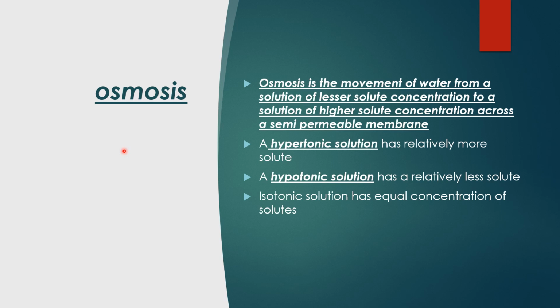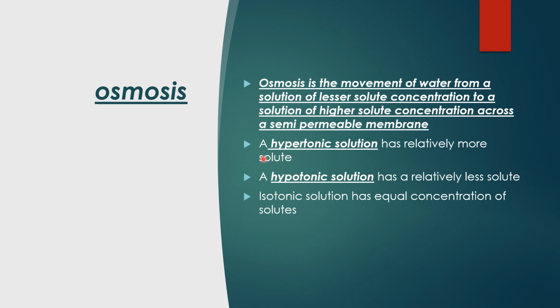The next process by which the molecules can pass through the cell membrane is osmosis. Osmosis is the movement of water from a solution of lesser solute concentration to a solution of higher solute concentration across a semi-permeable membrane, or we can say the movement of water molecules from a region of higher water concentration to lower water concentration.